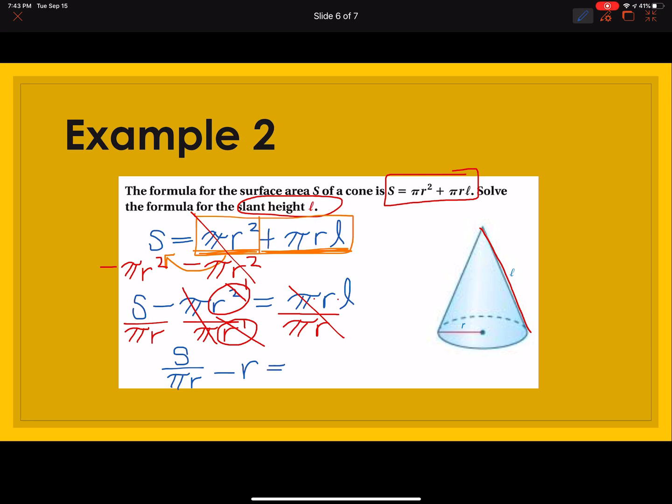Then we have the equal sign, and we bring down our L. So as long as we have our L or our slant length isolated, we have everything that we need. I could also rewrite that as L equals, and I could put that negative r in the front and then put the positive S divided by pi r. Both are correct.